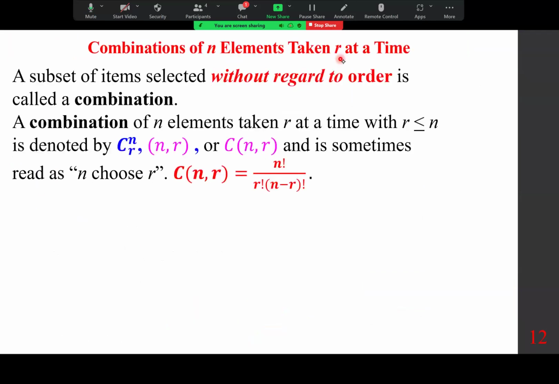Combination of n elements taken r at a time. A subset of items selected without regard to order is called a combination. A combination of n elements taken r at a time, with r less than or equal to n, is denoted by C(n,r), or nCr, and is sometimes read as n choose r, which is n factorial over r factorial times (n minus r) factorial.